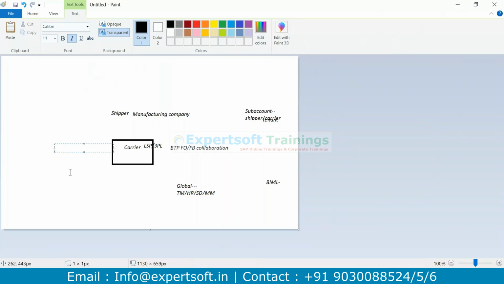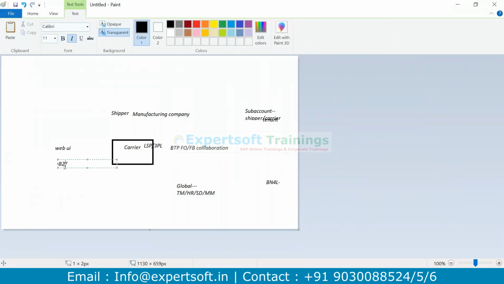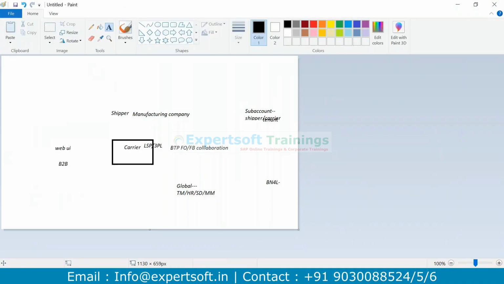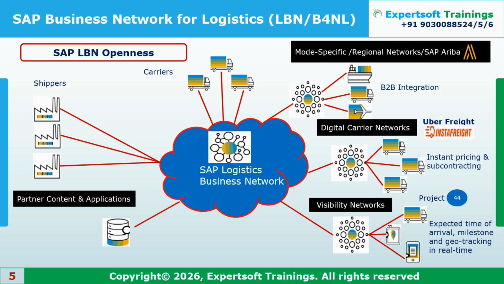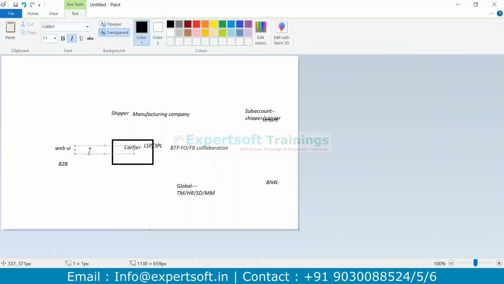One is web UI, and the next option is B2B integration. So actually, between carriers and shippers there are two communication methods by which they integrate. The first method is web UI.